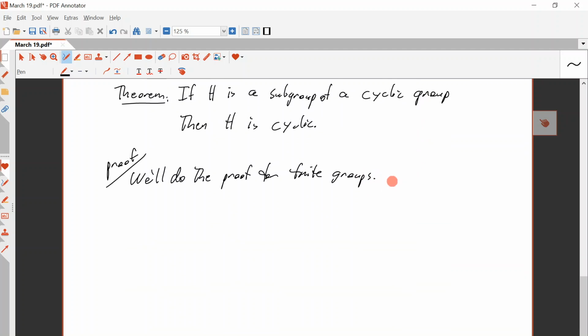Okay, so say that H is a subgroup of A, which is a cyclic group of order n.